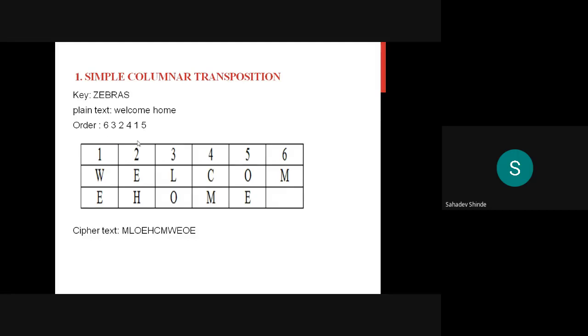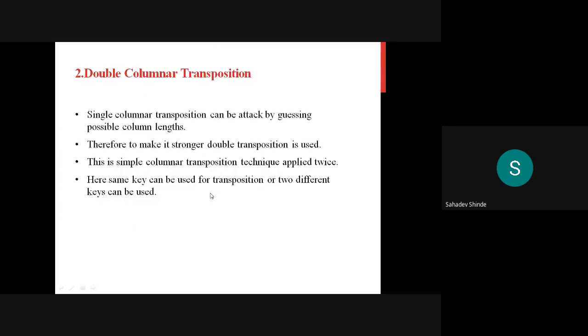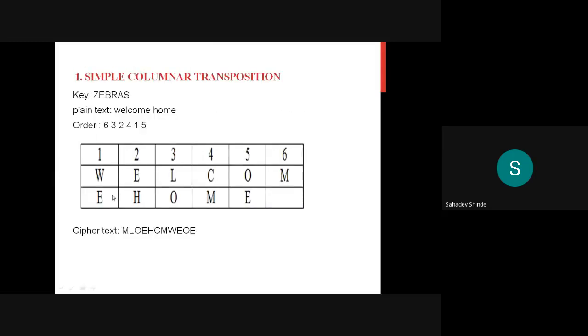The cipher text we got: first the sixth column M, the third column L O, the second column E H, the fourth column C M, the first column W E, the fifth column O E. See here we got M L O E H C M W E O E. In that way we consider the simple columnar transposition.